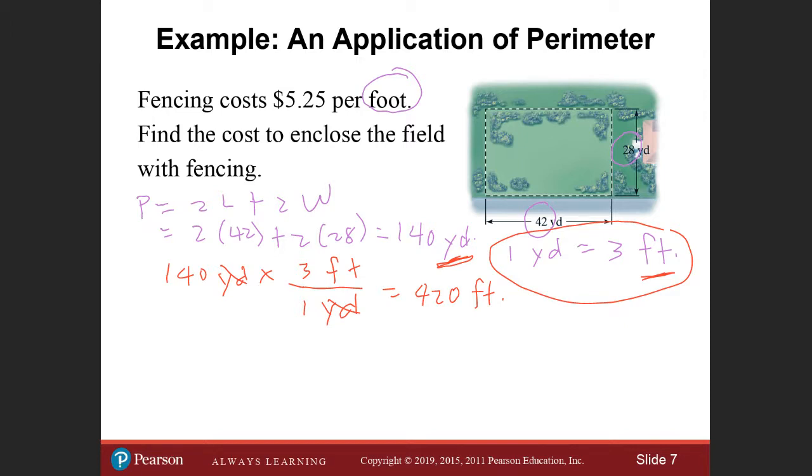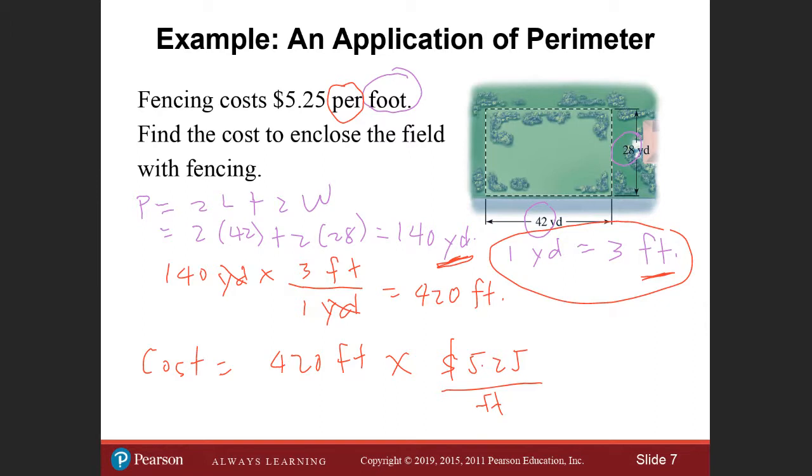And then we're asked to find the cost. The cost would be that 420 feet multiplied by the cost, which is $5.25 per foot. When you see per, it means a division sign, foot, in terms of feet.